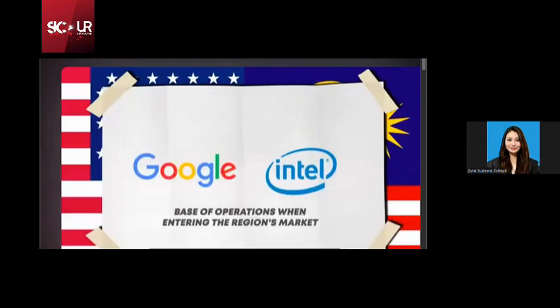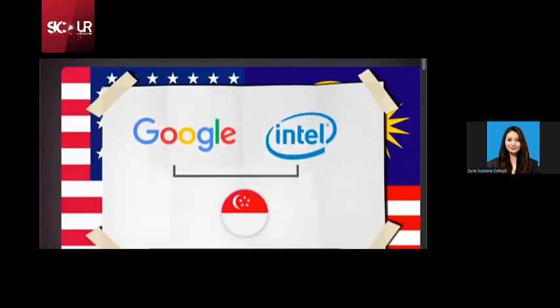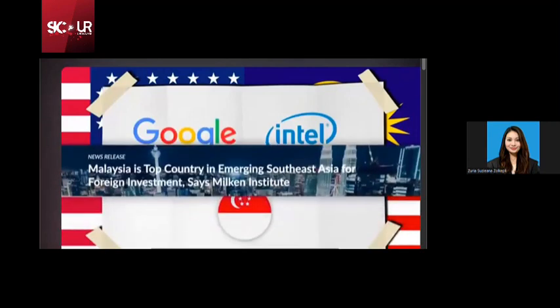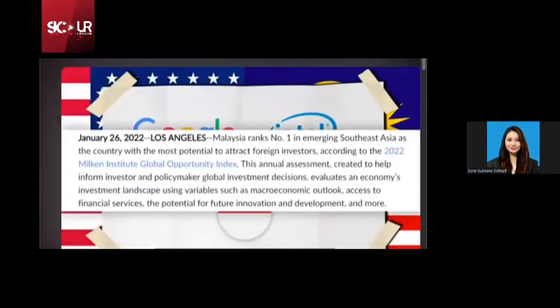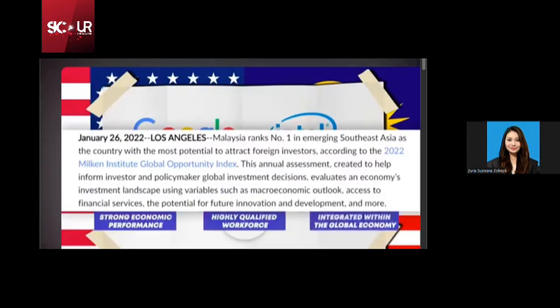Oftentimes, however, international companies do tend to choose Singapore above all, but in some rare cases, Malaysia's attractiveness continuously tries to battle out competitiveness. It's often noted across numerous articles and institutes that Malaysia is, in fact, the top country in emerging Southeast Asia for foreign investments. This is because of Malaysia's strong economic performance, highly qualified workforce, and a nation integrated within the global economy.